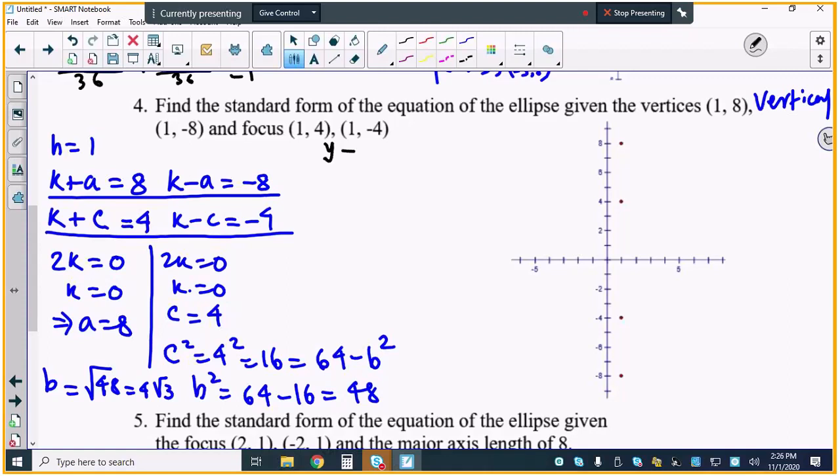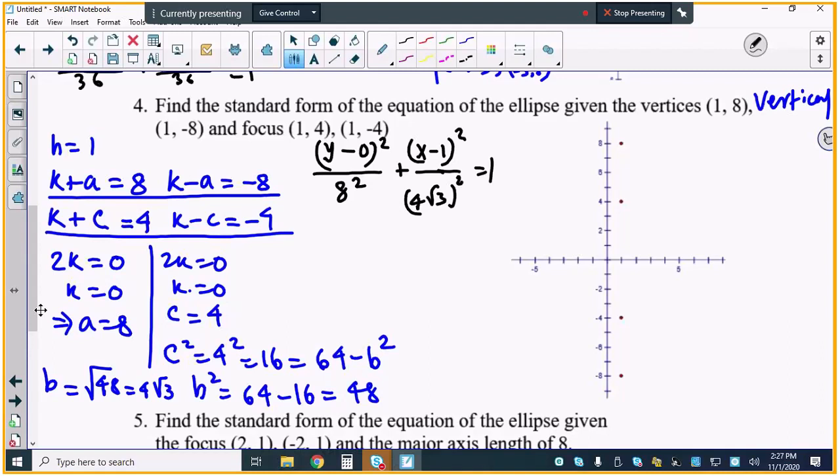So it's y minus k, so y minus 0 squared, over a squared, which is 8 squared, plus x minus 1, that's your h, squared, over b squared, which is 4 square root of 3 squared, and that is equal to 1. So that's the form of the ellipse.